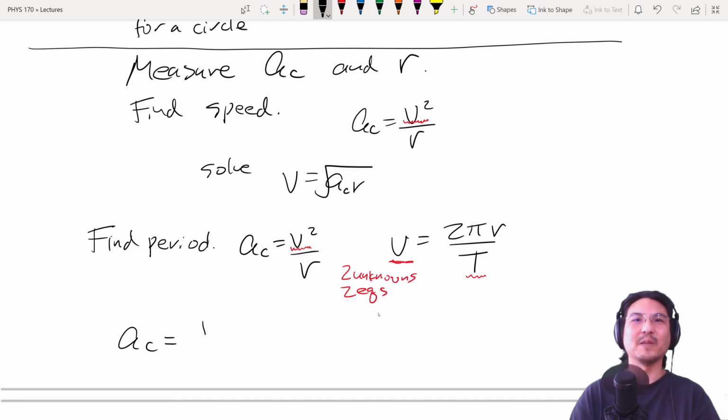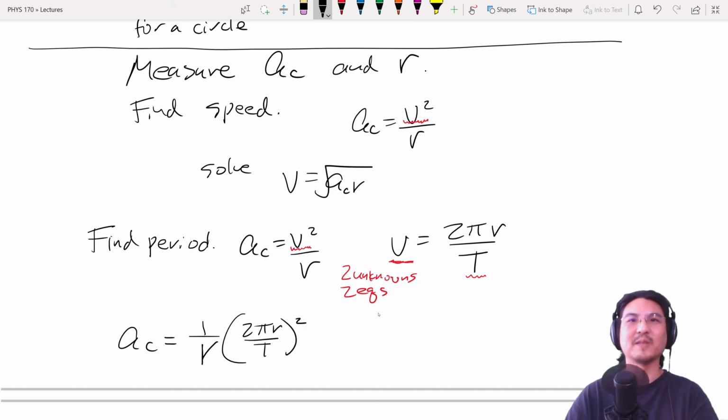So 1 over r times v squared. And v squared is this thing squared, right? So then that's 4 pi squared r squared over t squared, and one of these r's cancels.